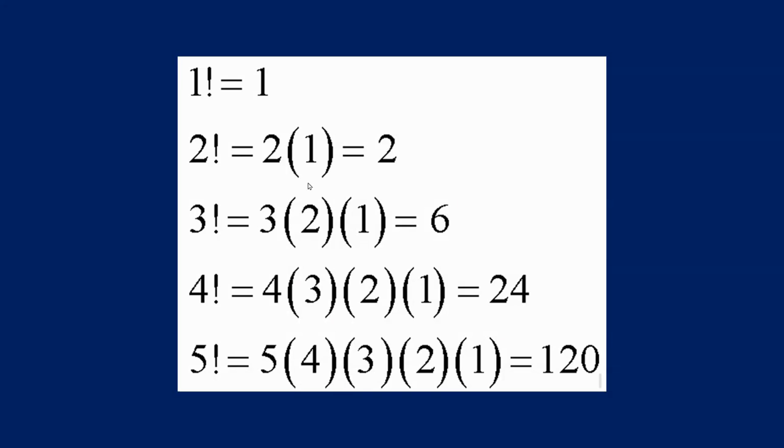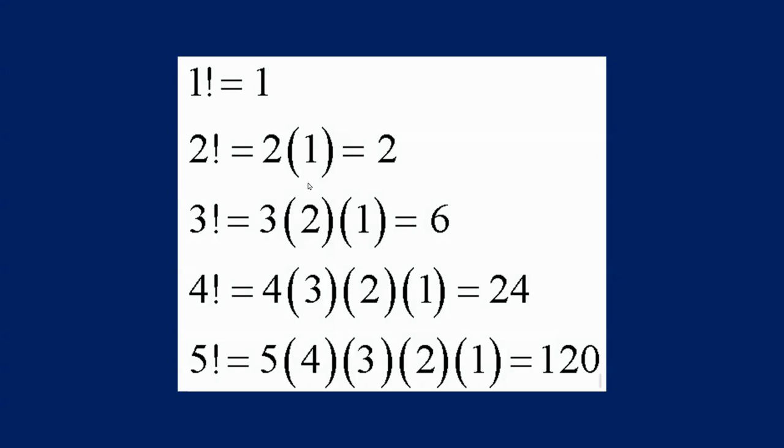Most people think of factorials as taking any whole number times all of the natural numbers less than it. So like 4 factorial is 4 times 3 times 2 times 1. You keep multiplying times all the numbers less than it until you get down to 1.